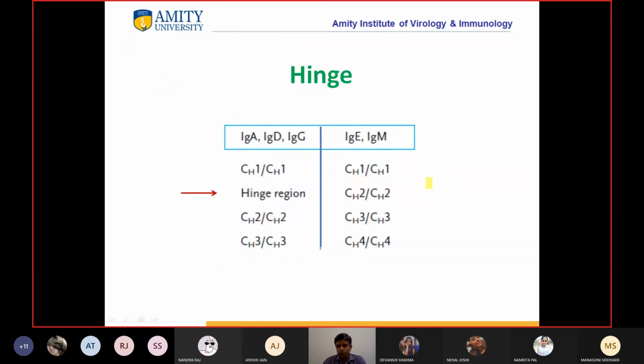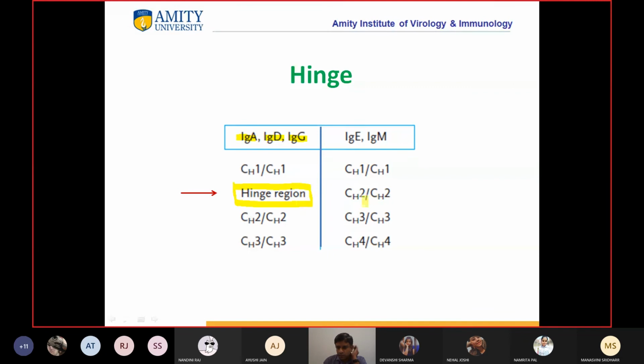Another thing, not all antibodies have the hinge region, right? So as Manaswini said, the hinge region is after the CH1 domain. Okay, so after the CH1 domain, we have the hinge region. And this hinge region is only present in IgA, IgD, and IgG, right?